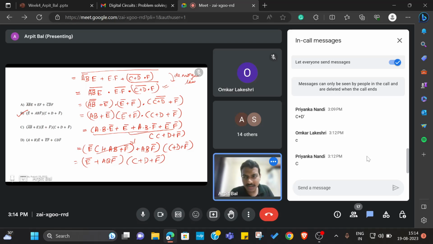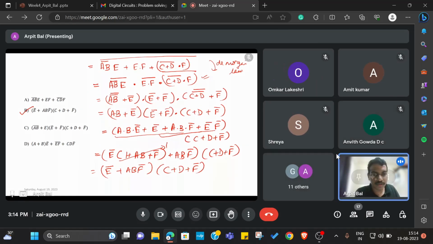Okay, so it seems some people arrived at option C somehow. Can you cross check the methods that I have followed and the methods that you have used? Because B is the correct answer in this case. Does anyone have any doubt in this question?